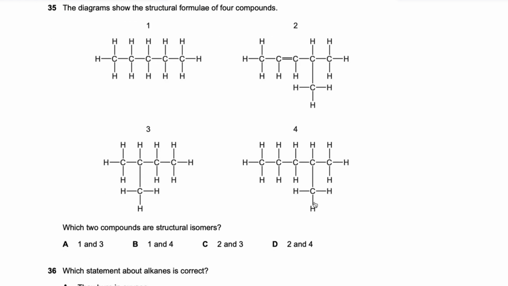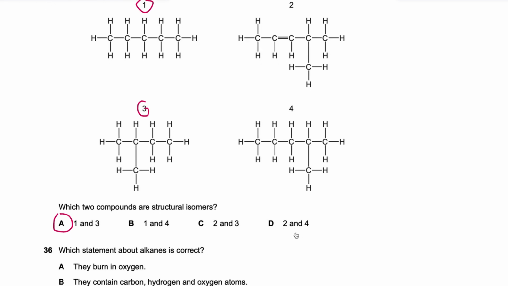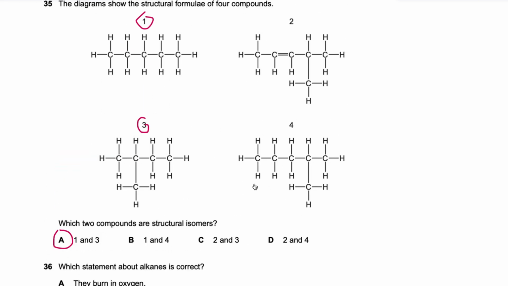Now, which two compounds are structural isomers? Okay, 1 and 3, because this is pentane and this is 2-methylbutane. 1 and 3, they are structural isomers, so I go with A. What they did here, they took this one and put it at carbon number 2.